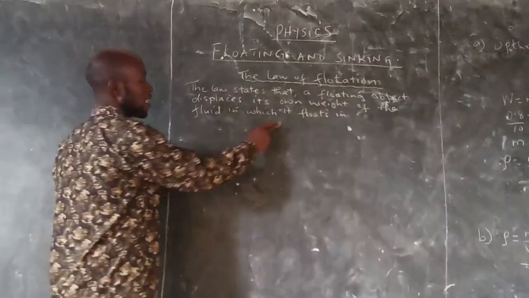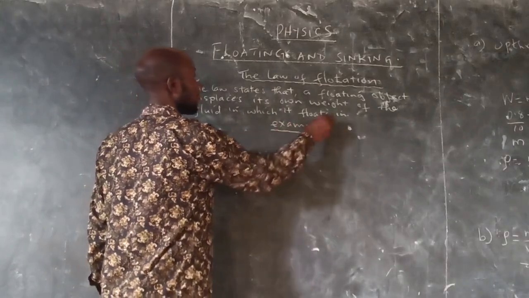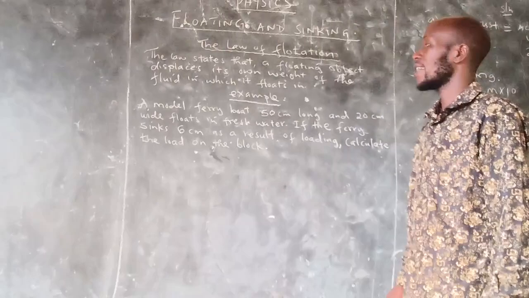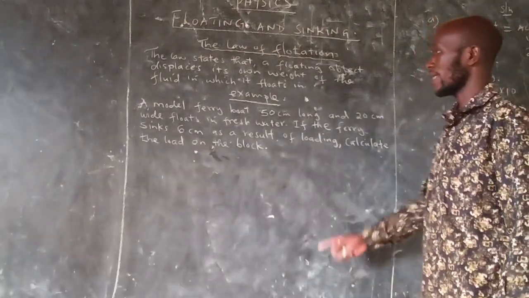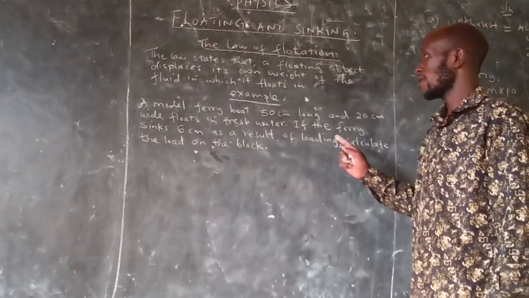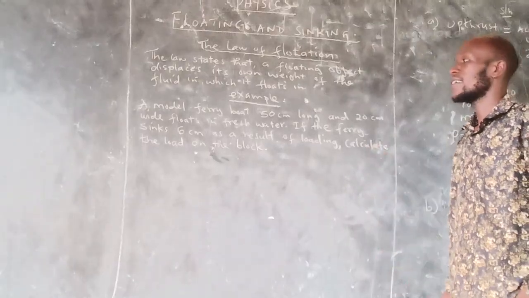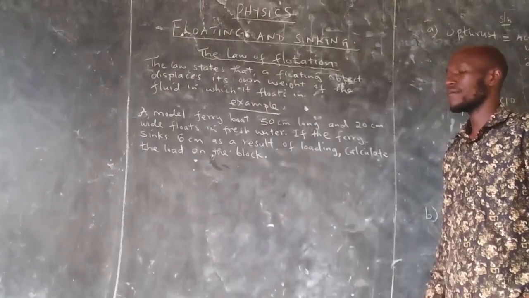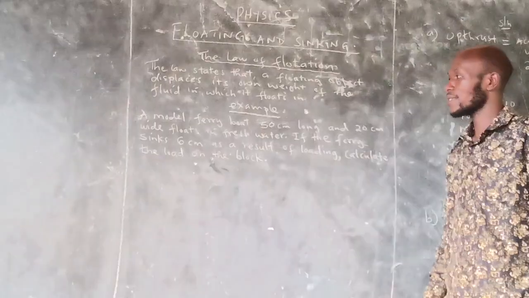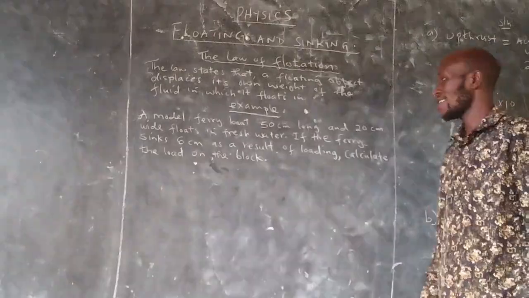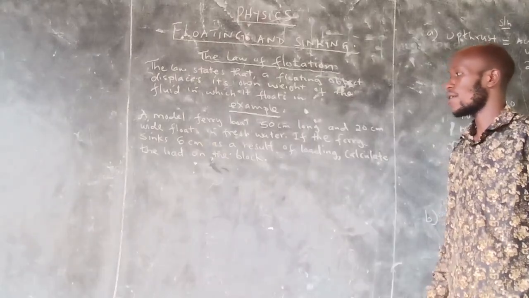Then let us look at an example. Our example states that a model ferry boat, 50 centimeters long and 20 centimeters wide, floats in fresh water. If the ferry sinks 6 centimeters as a result of loading, calculate the load on the block.